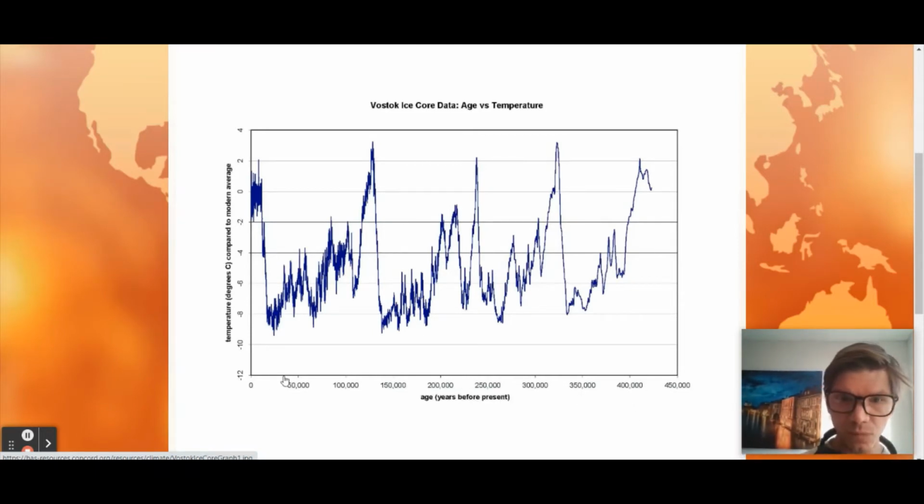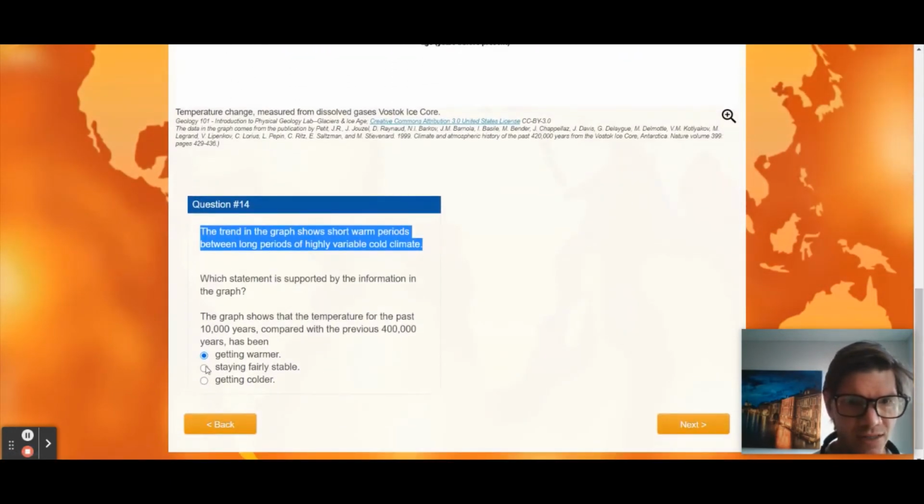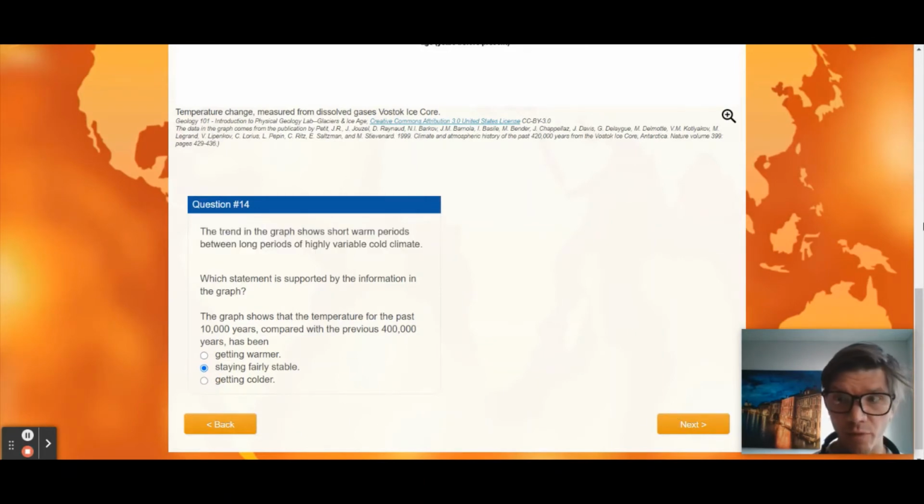and we're comparing it to the previous 400,000 years over here. So if we're to look at the trends in the past 400,000 years, definitely very variable, with most times being lower than that modern average. But if we were to look at this slice here, it looks like those temperatures are right around that 0. So to me, it pretty much looks like they are staying fairly stable, according to this graph over here.